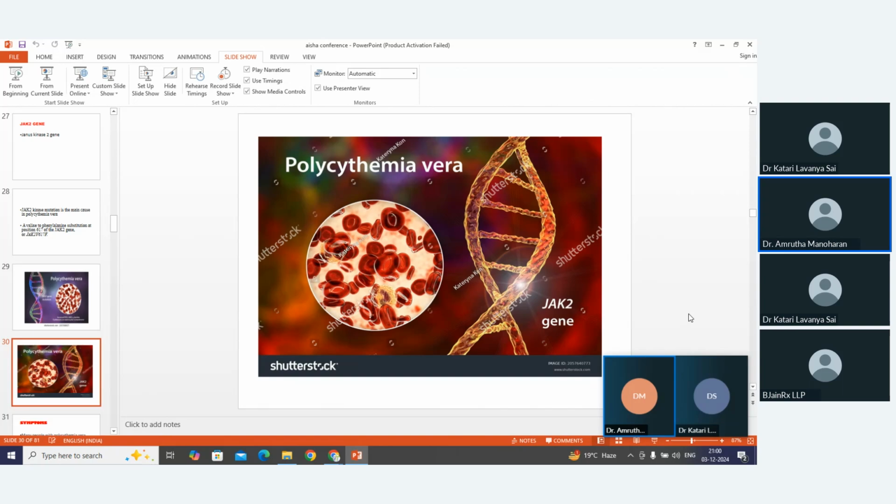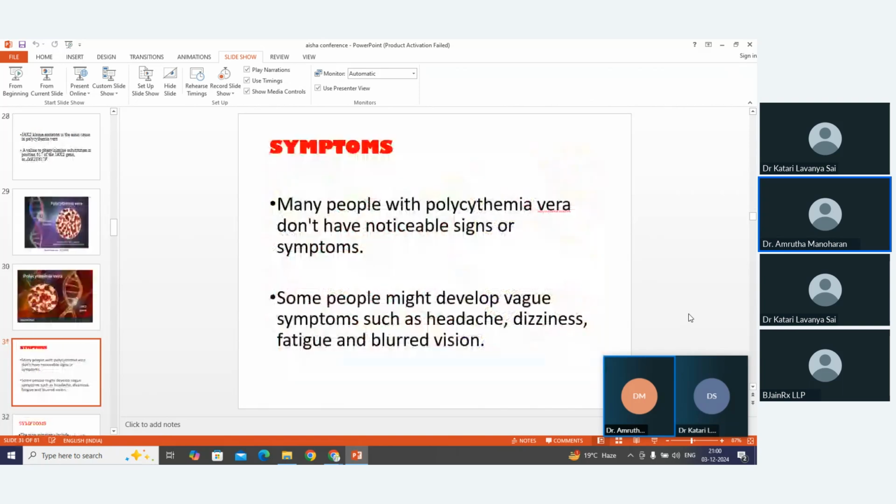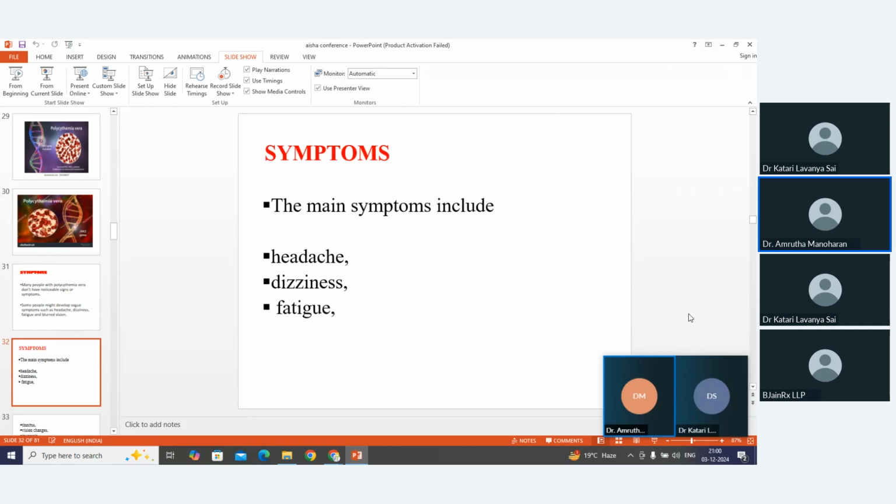The main symptoms, slide number 32, include headache, dizziness, fatigue, tinnitus, vision changes, insomnia, claudication, aquagenic pruritus, gastritis, and early satiety.